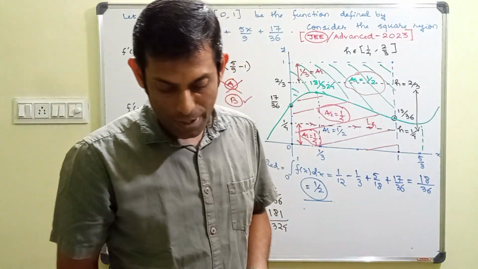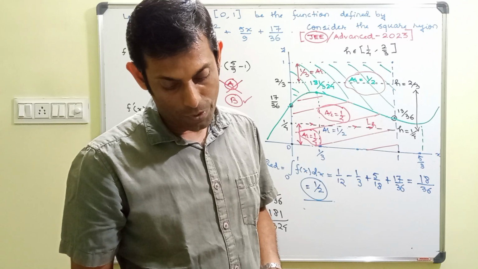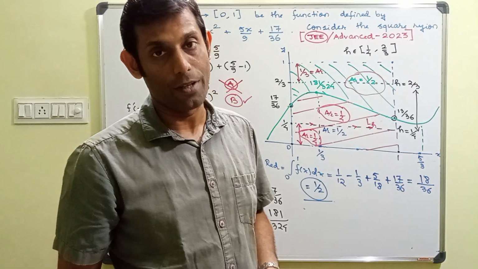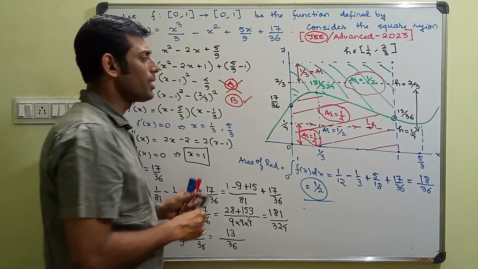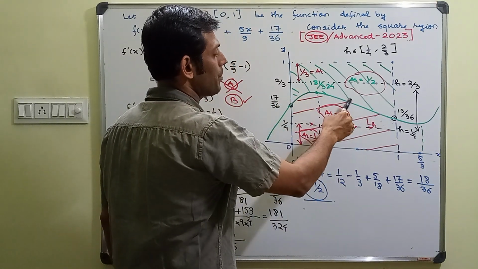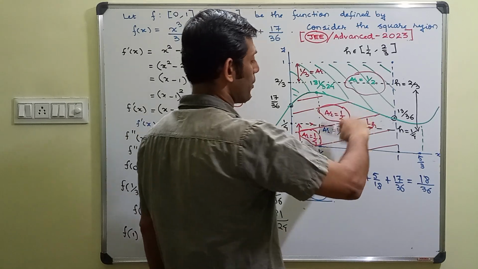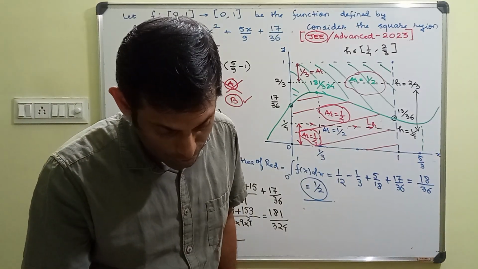And option C says that the area of the green region above the line LH equals the area of the red region below the line LH. There is a possibility. Let's say I take such a line here. Now the amount of green region above is equal to the amount of red region below. If I am going wrong, let me read it again.